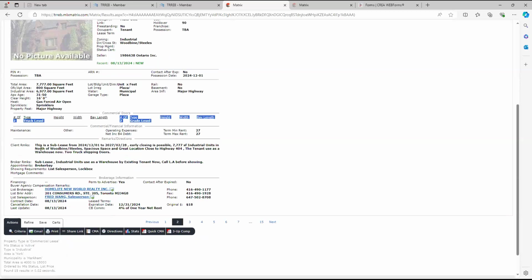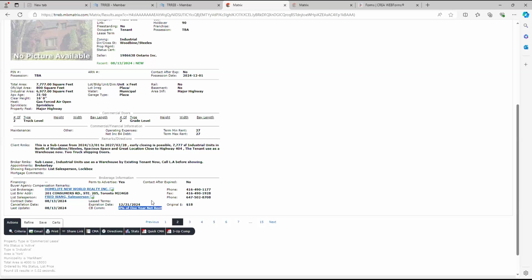So the rest, I will not touch, only the commission again here. They only offer 4% for 1 year. What about if it's a 5-year term? What can you get?